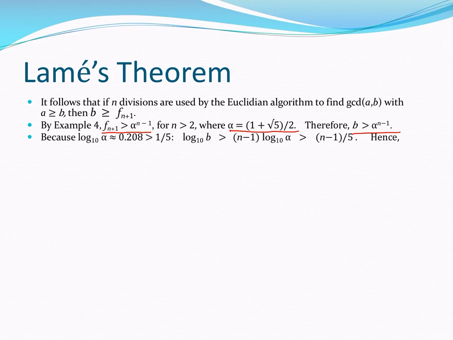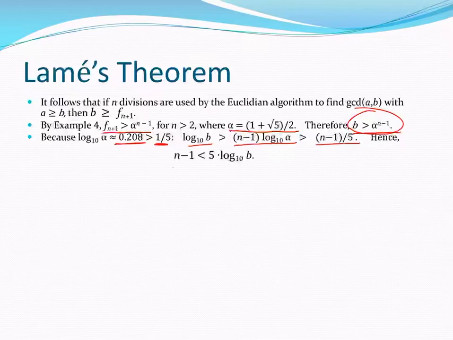And so if we consider that value, the log of alpha is approximately 0.208, that's greater than 0.2. Now we're going to take the log base 10 of both sides of this, and we bring the exponent out front. Log 10 b is greater than n minus 1 times log 10 of alpha, but that is greater than n minus 1 divided by 5.